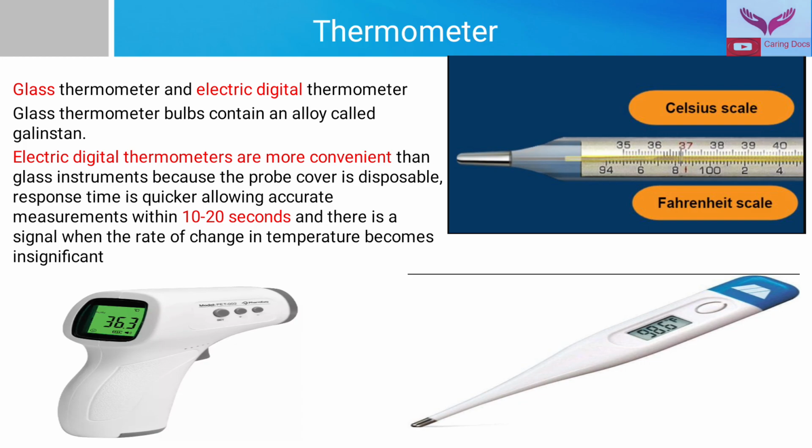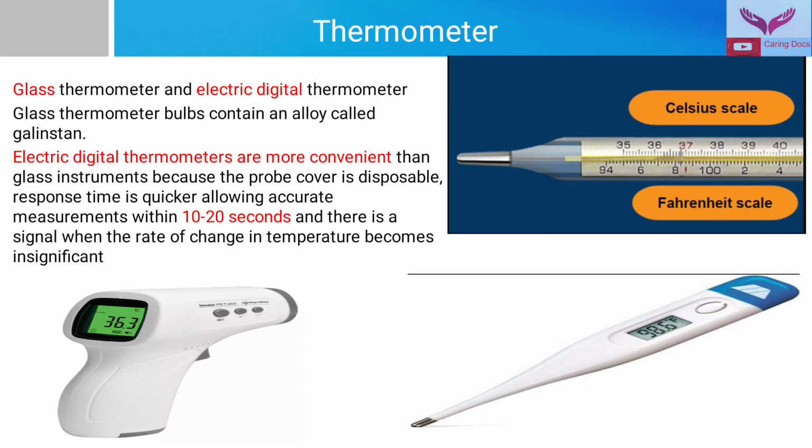There is a signal when the rate of change in the temperature becomes insignificant. Means when we use a digital thermometer and it records the temperature in 10 to 20 seconds, there is a signal that it beeps when the rate of change in temperature becomes insignificant.